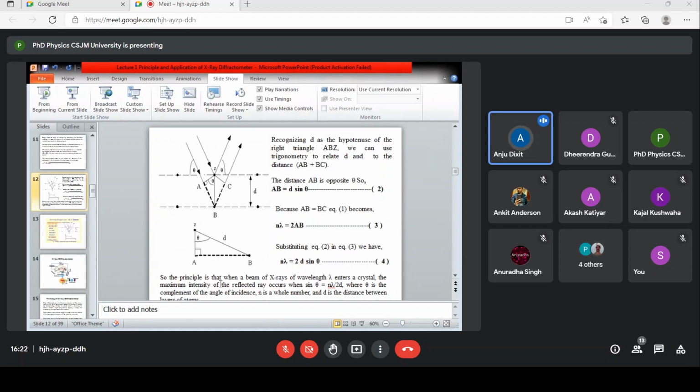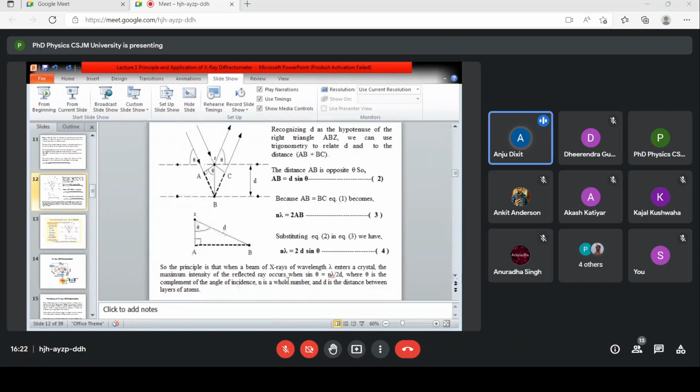So the principle is that when a beam of X-rays of wavelength lambda enters a crystal, the maximum intensity of the reflected ray occurs when sine theta is equal to n lambda by 2d. Here theta is the complement of the angle of incidence, n is a whole number, and d is the distance between layers of atoms. So that is how we can derive Bragg's law.